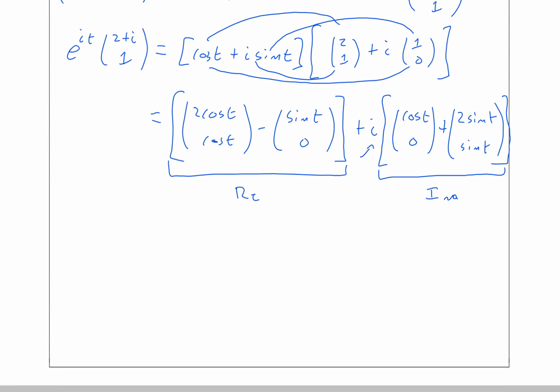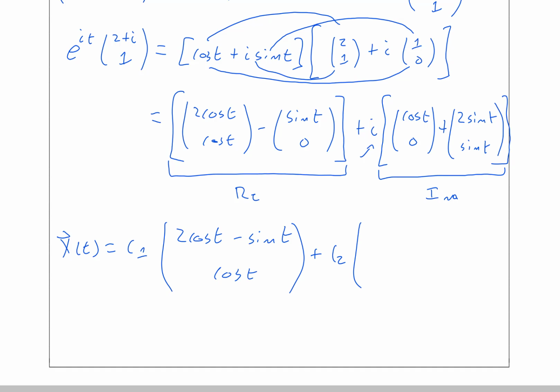Okay, so in other words, for this particular problem, the general solution is going to be C1 times the real part, and I'm going to combine that into one vector, so it'll be (2 cosine t minus sine t) in the top, and in the bottom it'll just be cosine t, plus C2 times the imaginary part, combined into one vector, so it'll be (cosine t plus 2 sine t) in the top, and then sine t in the bottom.